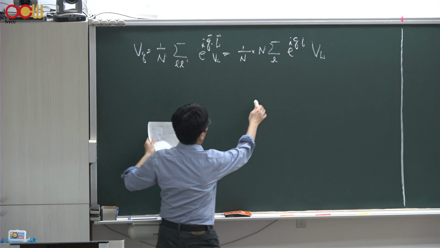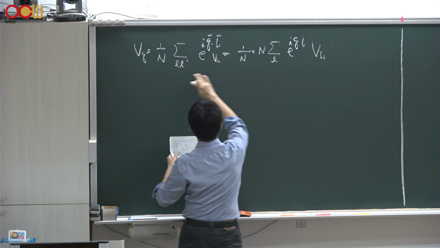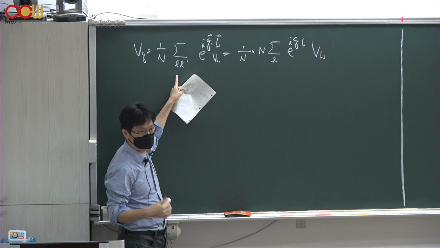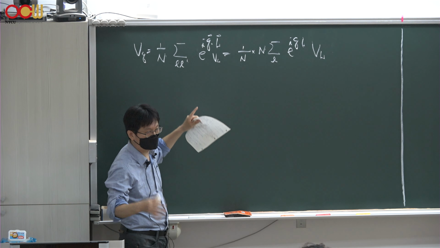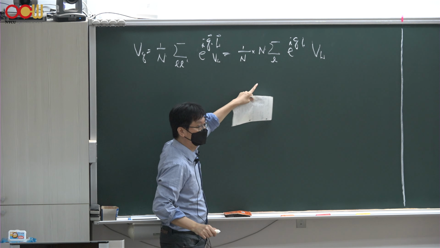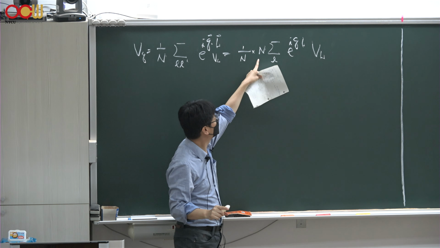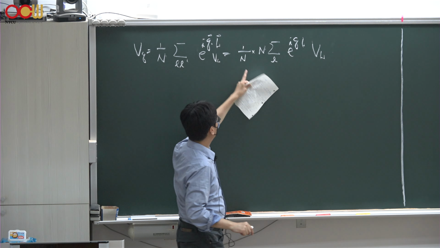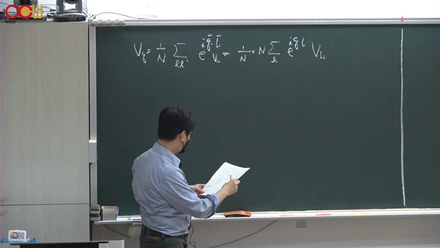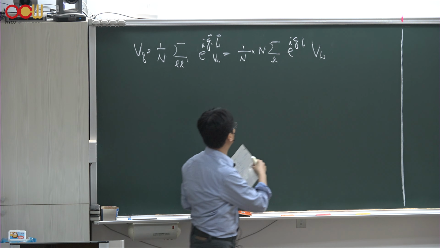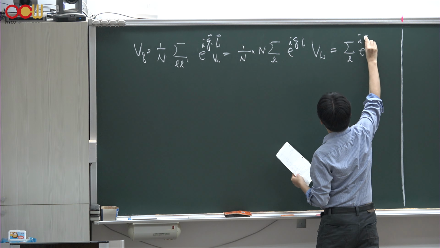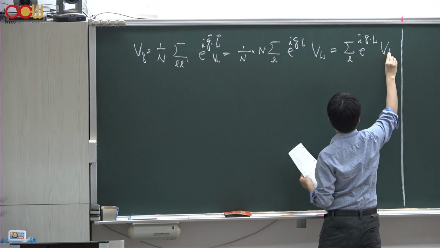So you need to just sum over one of them, for example L, while the other summation over L prime is just a dummy variable, so you sum over the number 1 for capital N times. So there's a factor of N here, which cancels that N in the denominator. We will come back to this in a moment. So this is just the sum over L of the phase factor e to the minus i Q L times V_L.